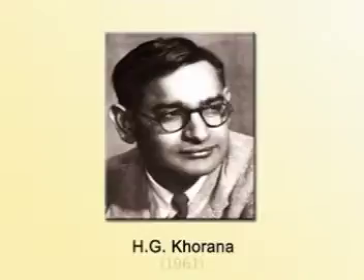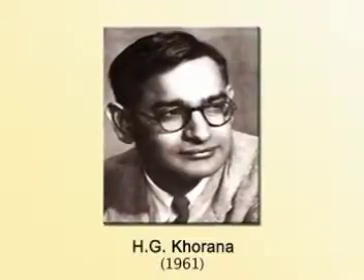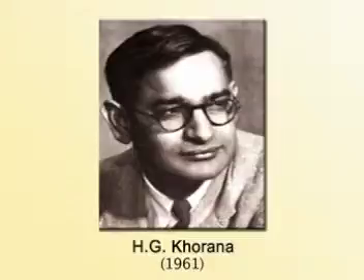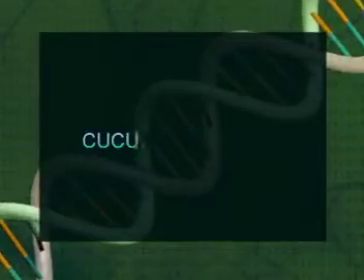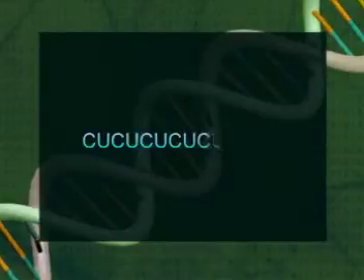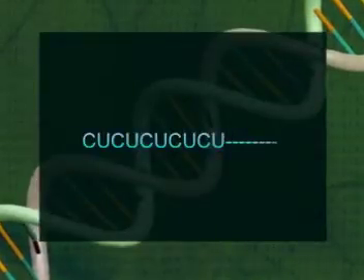H.G. Khorana, in 1961, at the same time devised an ingenious technique for cracking the genetic code. Khorana and his co-workers could prepare polyribonucleotides with known repeating sequences. A repeating sequence means that if CU are two bases, these will be repeatedly present throughout the length as follows: CU, CU, CU, CU, CU, and so on.